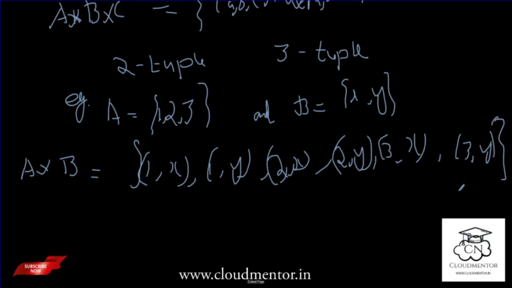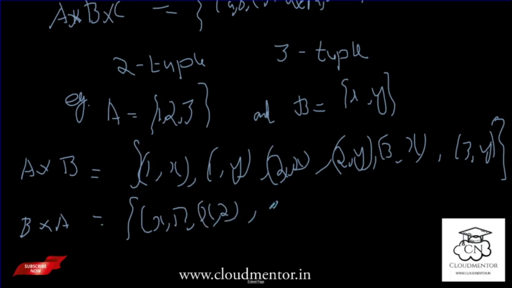Now B cross A will be opposite to that. The first elements must be from B, that is x1, x2, x3, and y1, y2, and y3.